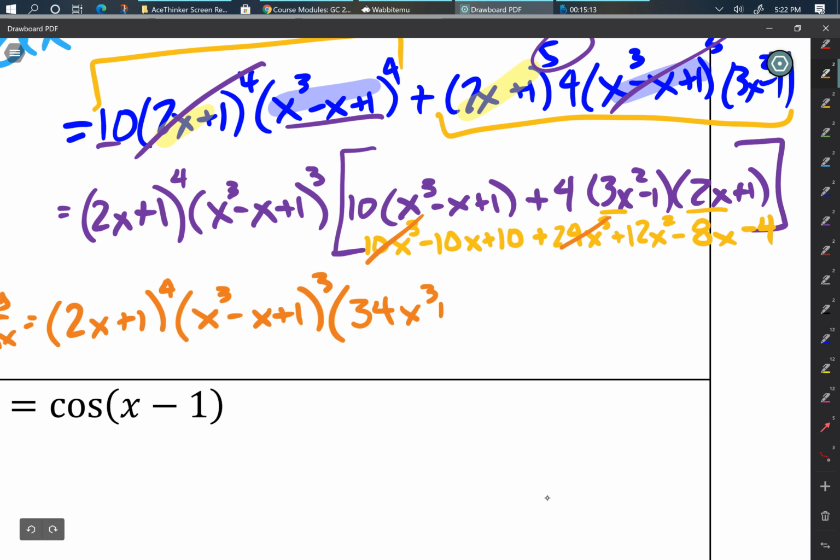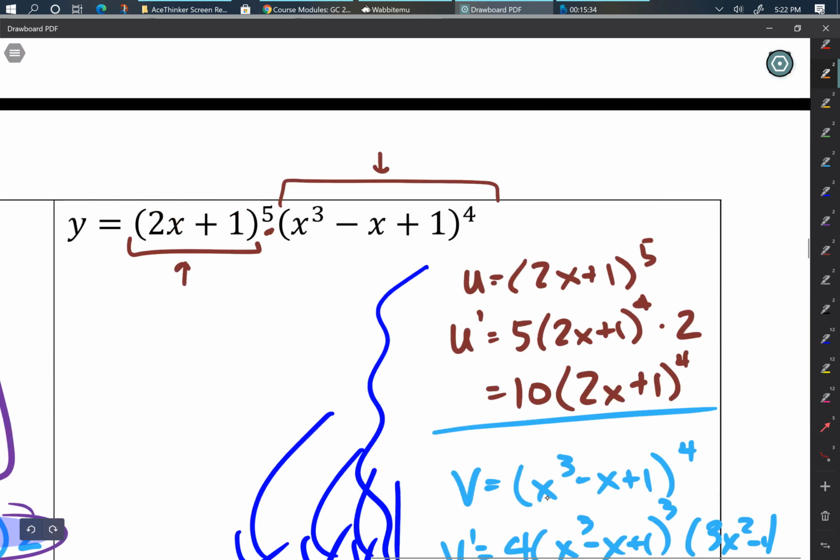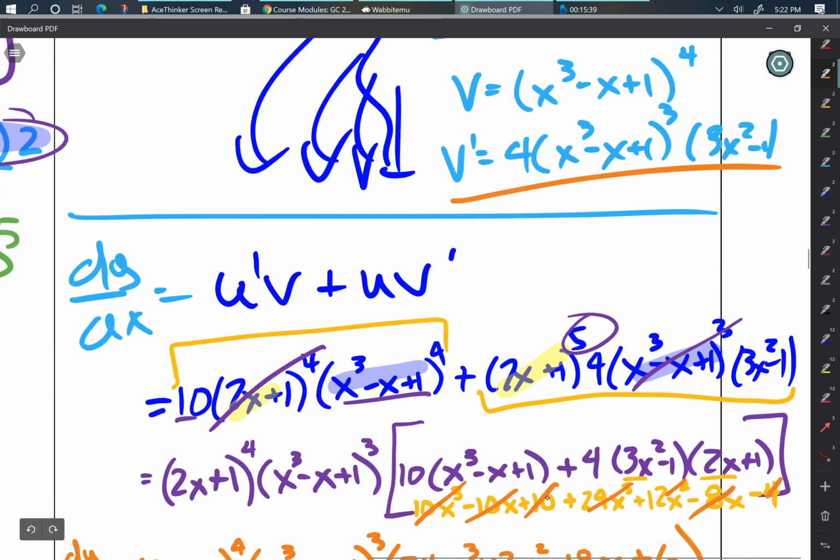I've got 12x squared. I've got negative 18x. And I've got positive 6. And there's my derivative. Okay, where's the calculus? Here and here. Everything else is algebra.